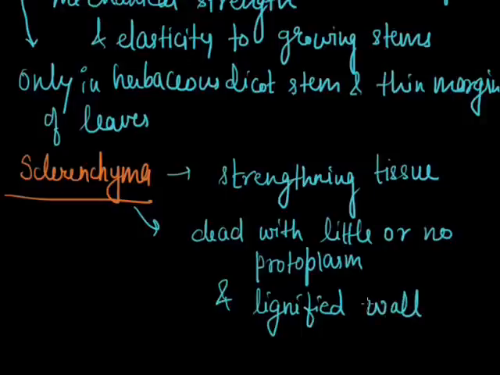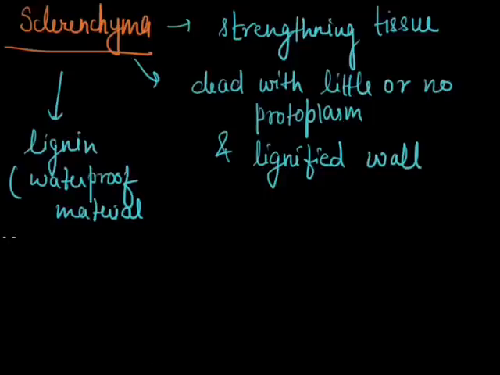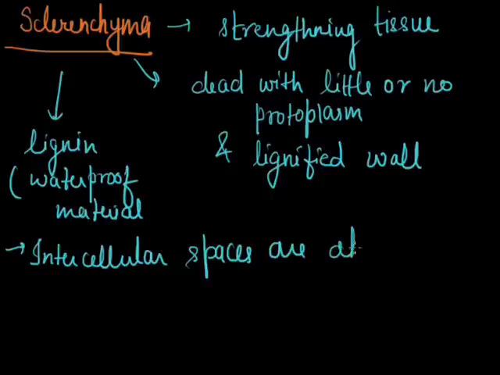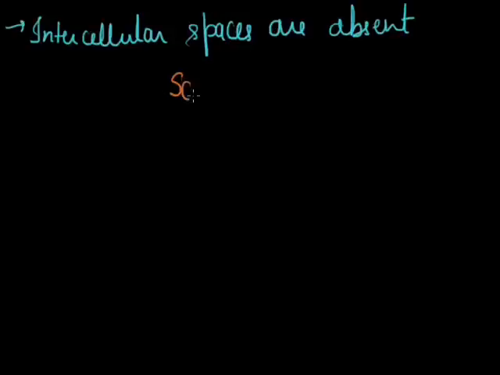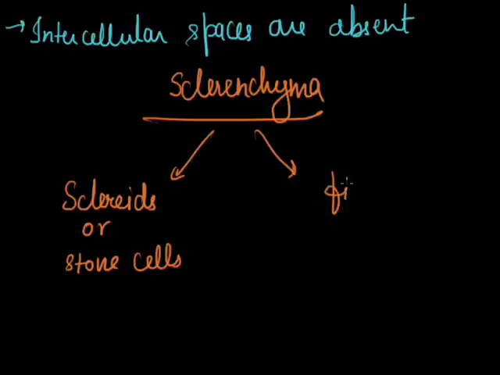That's why they provide strength to the tissue, and this lignin is a waterproof material. And in sclerenchyma, the intercellular spaces are absent. This sclerenchyma is again of two types. The first one is sclerites or stone cells, and the second one is fibers.